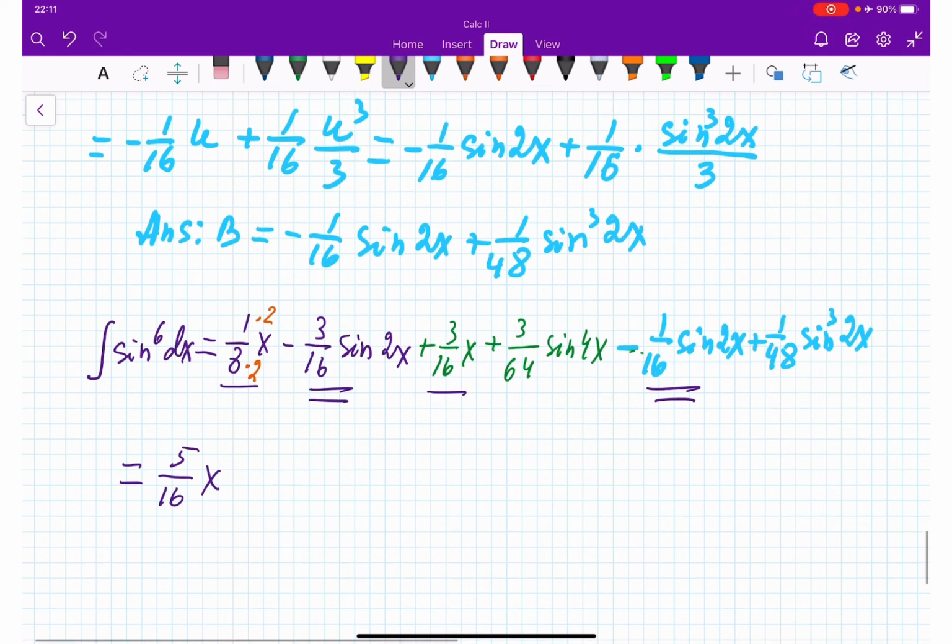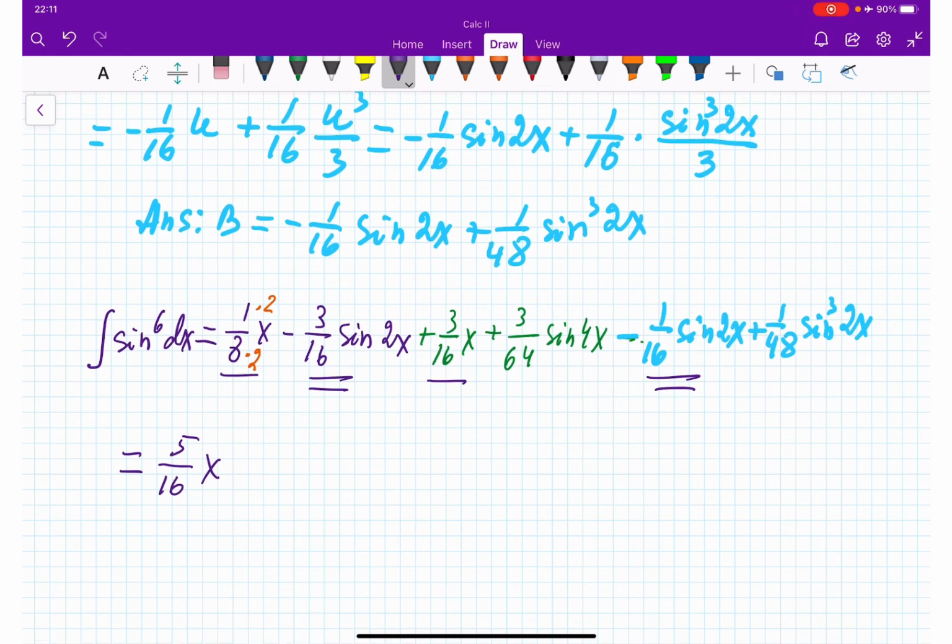Next, 1 over 16, 1 over 16. Nothing to combine here, all I'm going to do, negative 3, negative 1, it's going to be minus 4 sine 2x over 16, and I'm reducing, this is 1, this is 4, right?